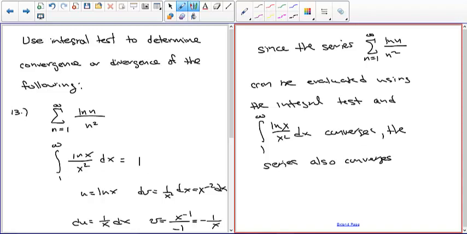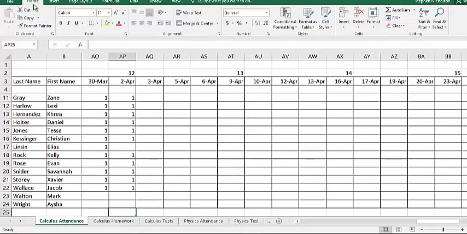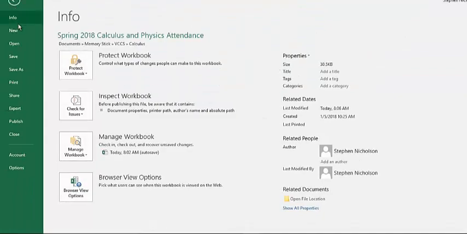So if I go to Excel, my way for evaluating all series.